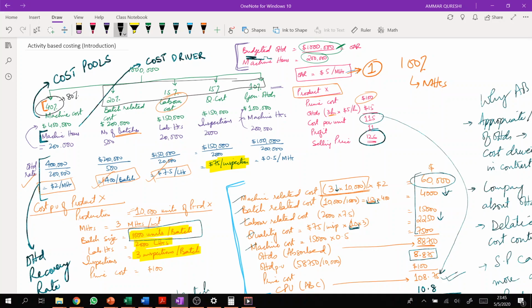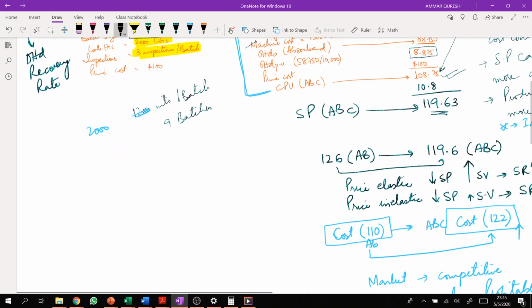By switching to ABC, you are just changing the distribution base for 20% of overheads. 80% of overheads are still distributed in a very similar manner. So in this case, the company will not have the benefits of using ABC. ABC will not give the company the benefit which it is actually expecting from activity based costing.